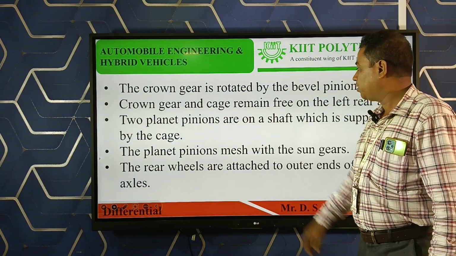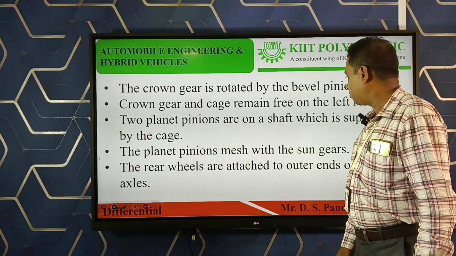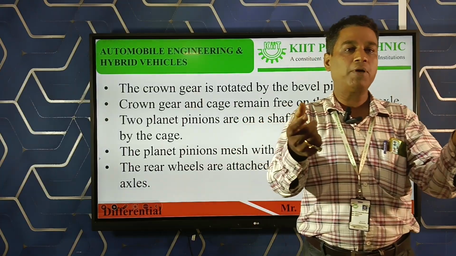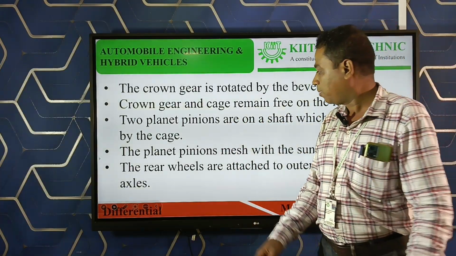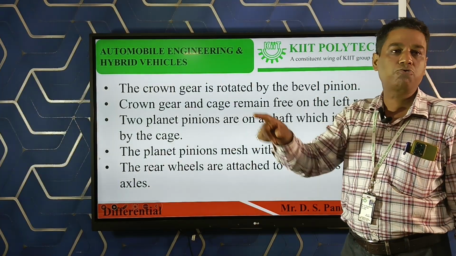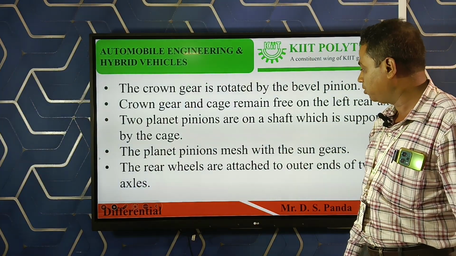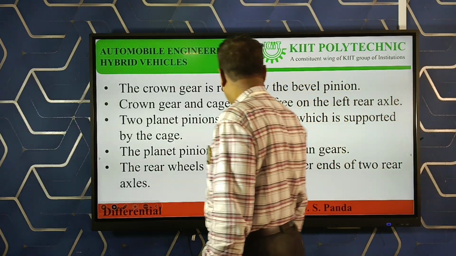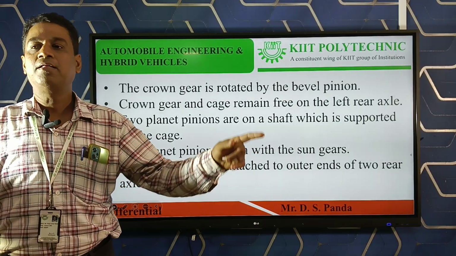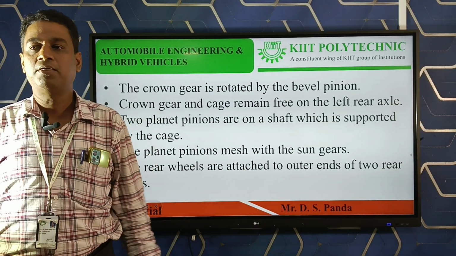The two planet pinions are on a shaft which is supported by the cage. And the planet pinion meshes with the sun gear. It forms a square. And the rear wheels are attached to the outer ends of the two rear axles.